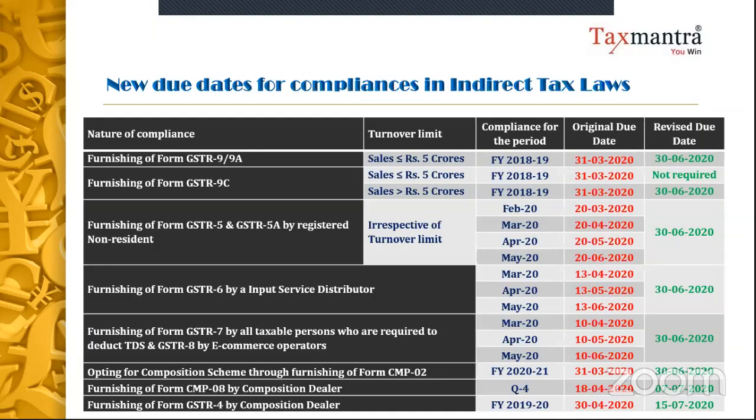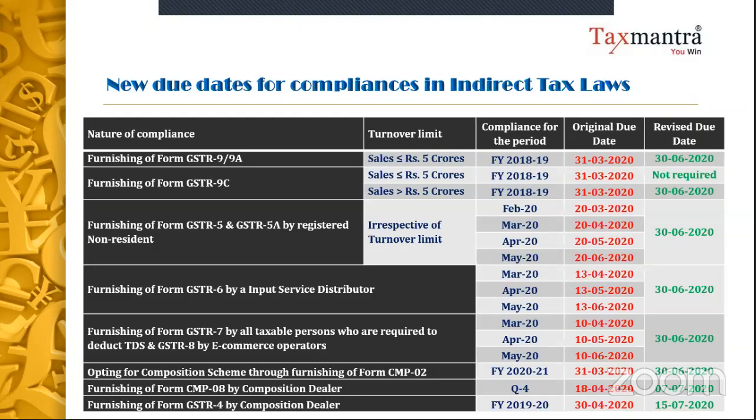Furnishing of Form GSTR 5 and GSTR 5A by registered non-residents. This is applicable for non-residents who are providing service under OIDAR, Online Information Database Access and Retrieval. These taxpayers need to file these returns, GSTR 5 and 5A.